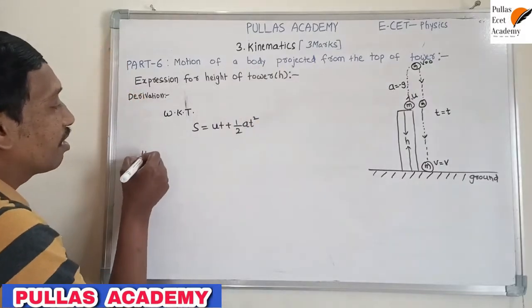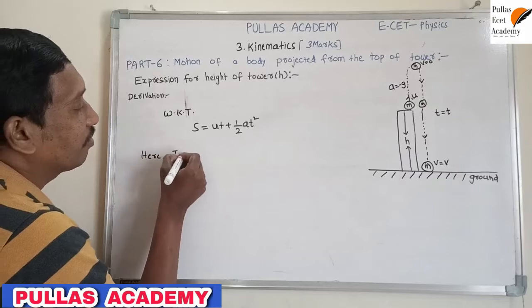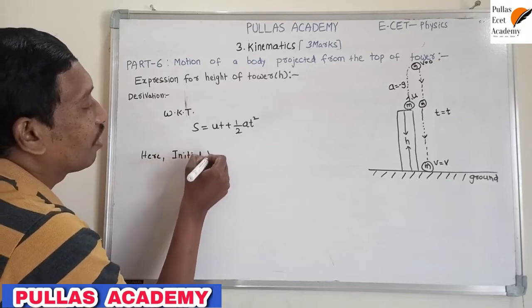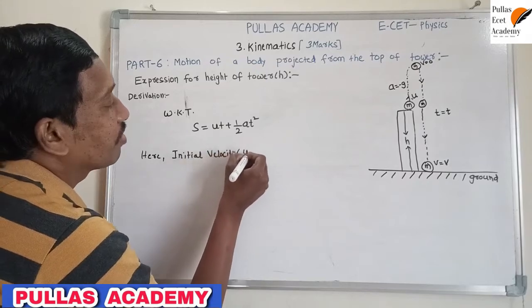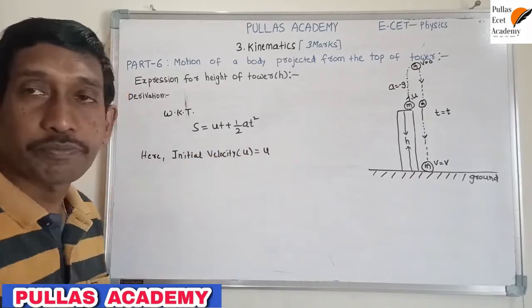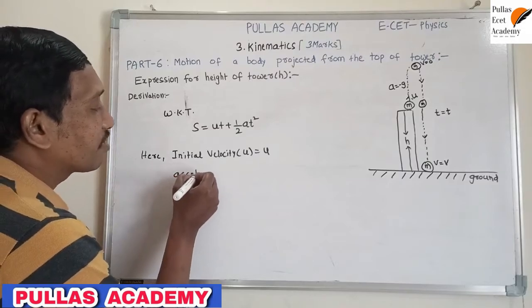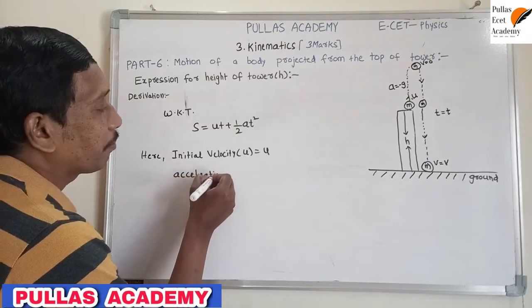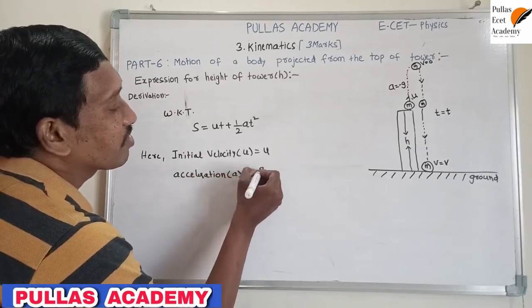So the known values: initial velocity of this body, we consider u. Next, the second parameter is acceleration. Acceleration is considered minus.